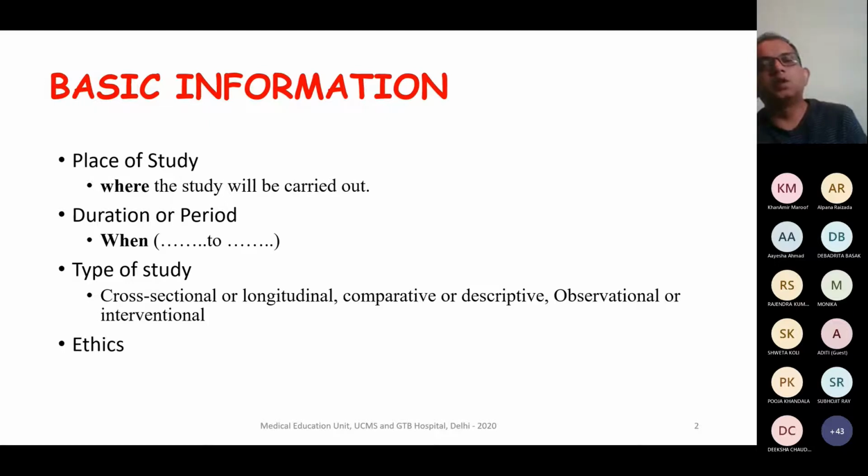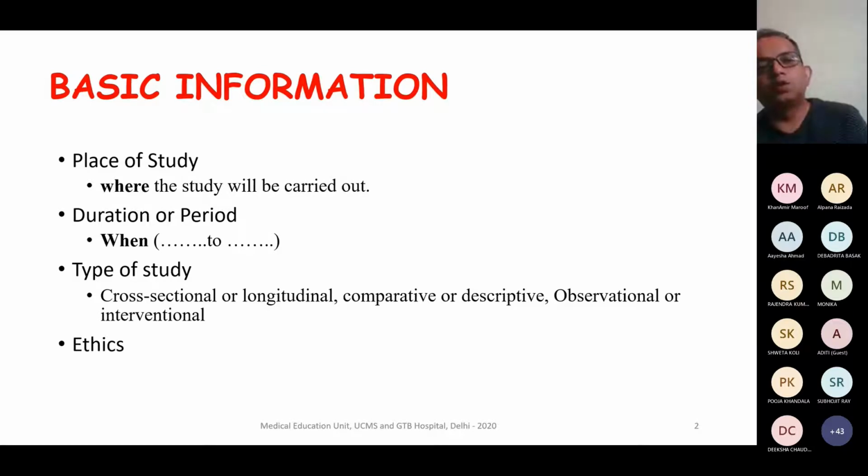In your case, it will obviously be UCMS and GTB Hospital, and also mention the departments which are involved, like your primary department and the department from where you have your co-supervisor or part of the thesis, like the experimental work is being done in biochemistry, and you are from the gynecology department. So you write the Department of Gynecology and Obstetrics and Biochemistry of UCMS and GTB Hospital.